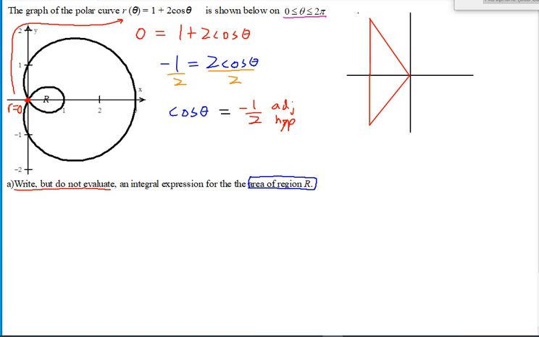So the adjacent's -1, hypotenuse is 2, so it'll be that quadrant or that quadrant, and we just have to figure out what these angles are.